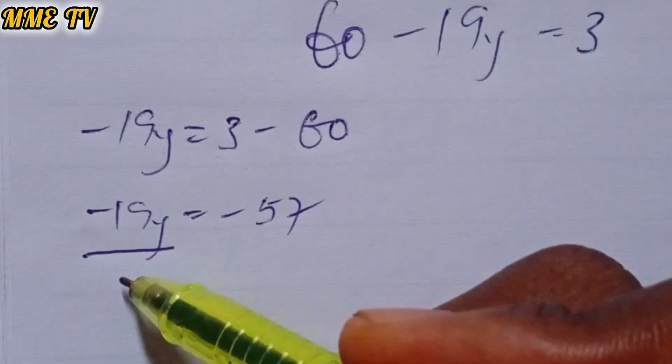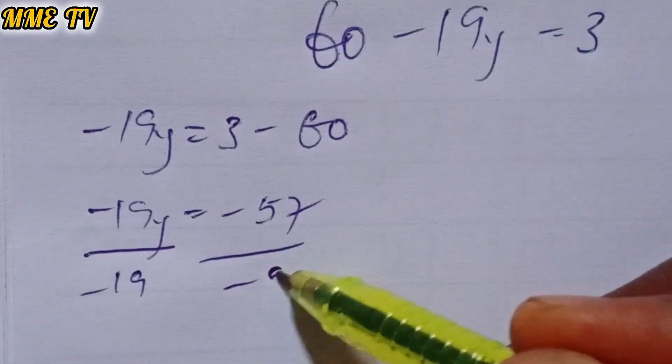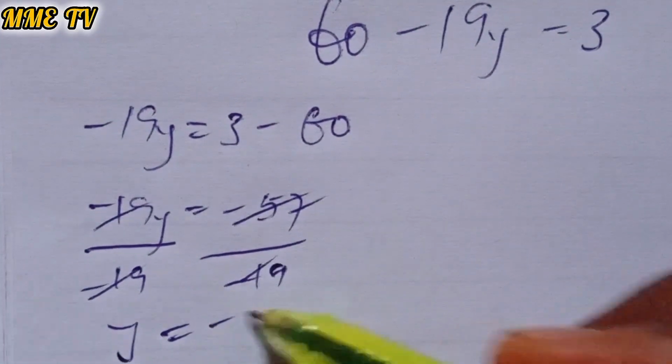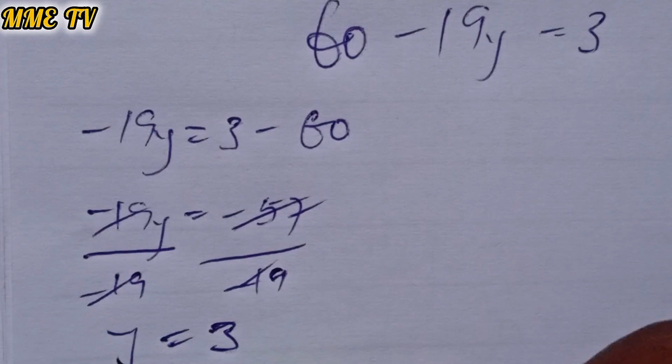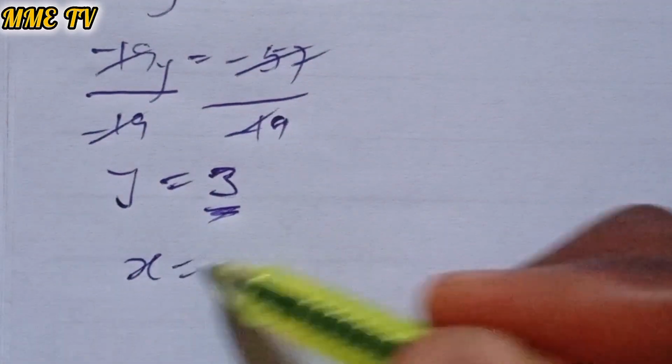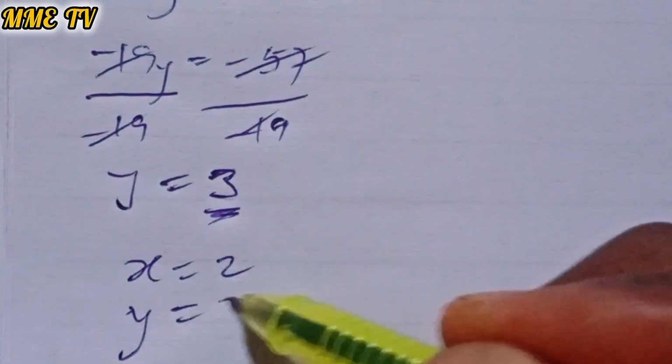Dividing both sides by the coefficient of y, which is minus 19 and minus 19, the value of y is going to be equal to 3.